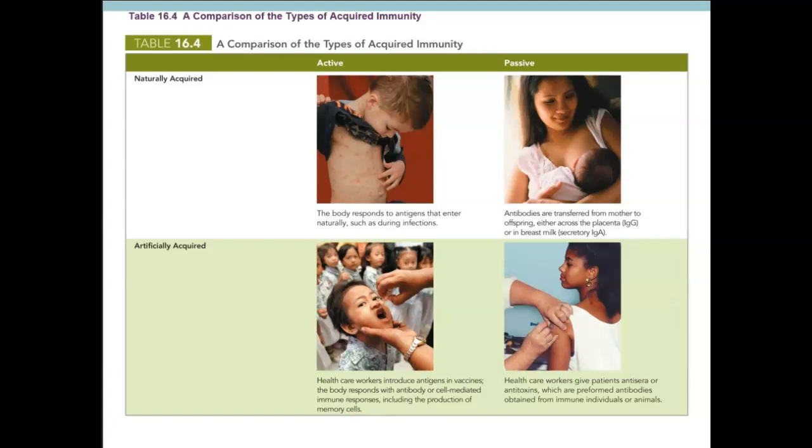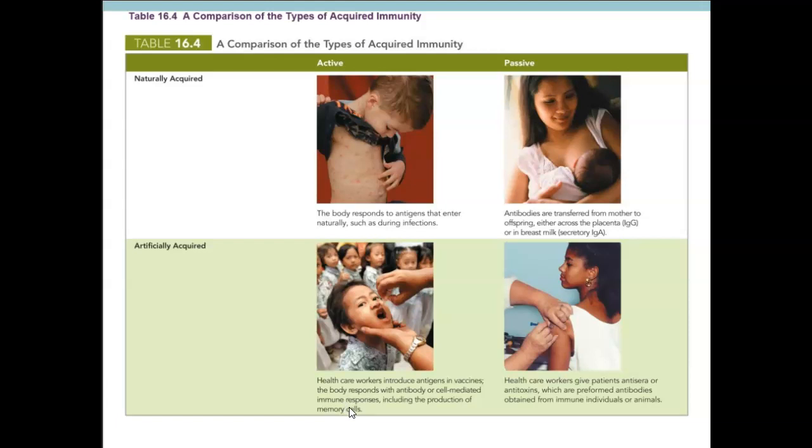In the bottom part, we see artificially acquired immunity. And that is the active immunity through vaccines. So your body is exposed to parts of pathogens, fragments of pathogens, and mounts an immune response against those fragments, which include many epitopes, which is why we use those, right?